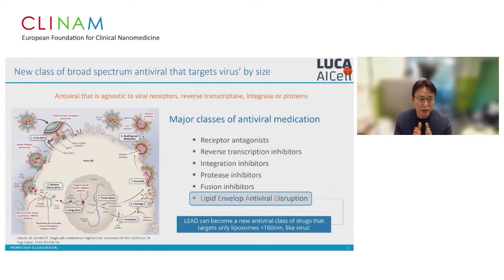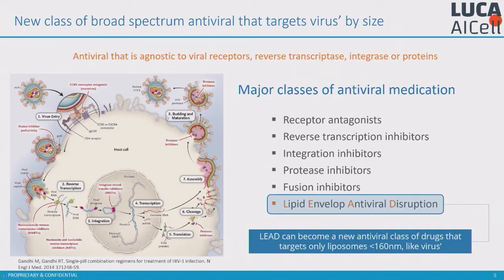There are many classes of antiviral strategy. Looking at the mapping of viral infection, people try to stop one step of the pathway, inhibiting transcription, inhibiting translation, inhibiting assembly, and so on.